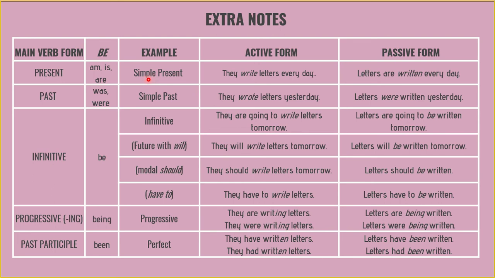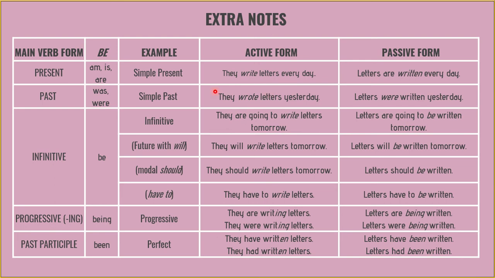This is in the simple present tense, the active form: "They write letters every day." In the passive form, "Letters are written every day." So this one is "write," this one is "written." In the active form, letters is the object, while in the passive form, letters is the subject.